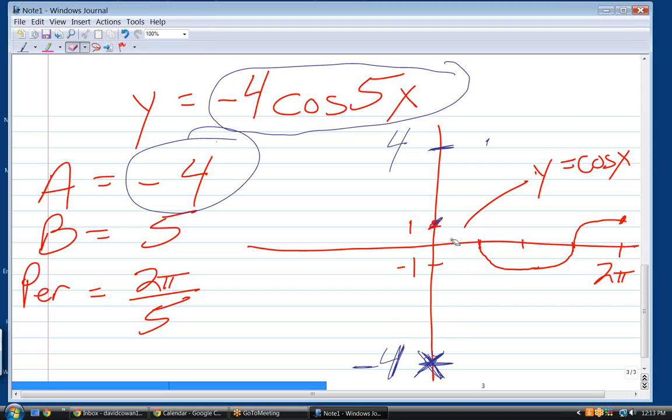I'm going to take away this cosine curve. And I'm going to make this 2 pi over 5, just so you can see. In other words, the very first thing to do is to draw your starting point and your ending point. Well, I know my starting point's there. I know my ending point is there.